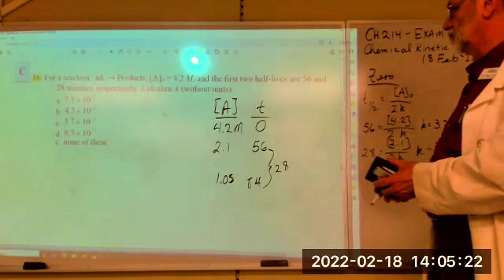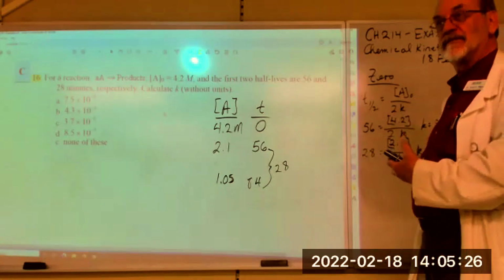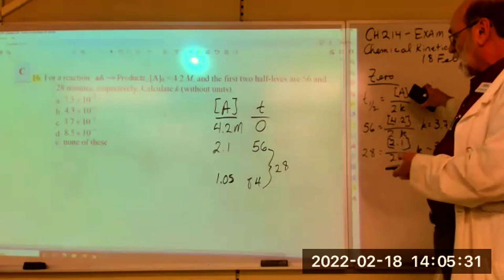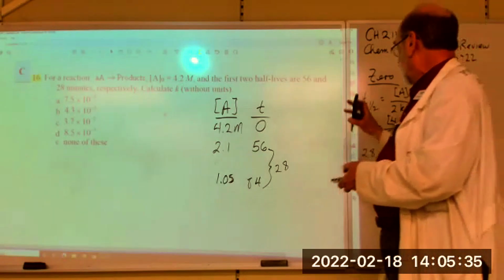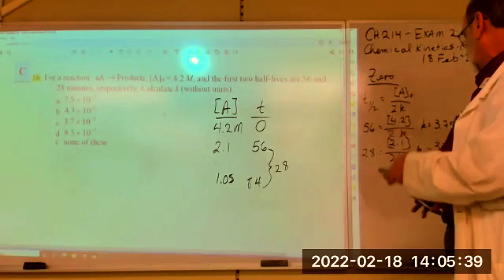So that's it. But it can't be all three of them; it can only be one of them. We did the zero order calculation and found that the K's were equal. So that means it is zero order and the K is 3.7 times 10 to the minus 2.